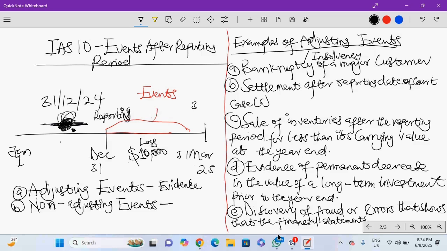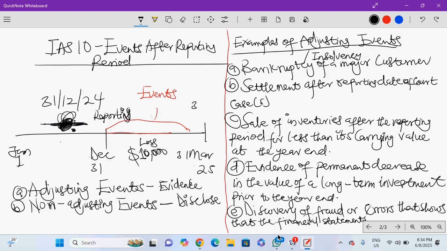So all these things are non-adjusting events because they had no evidence of existence in the accounting period. So usually when they are material like this, we disclose, right? If the non-adjusting event is material, you have to disclose it in the financial statement.